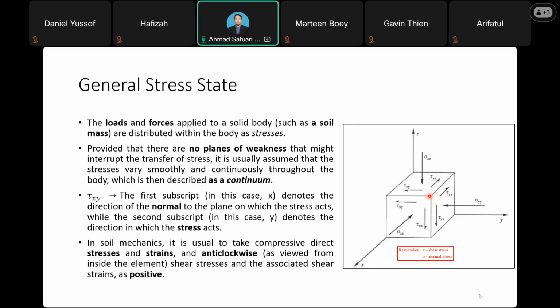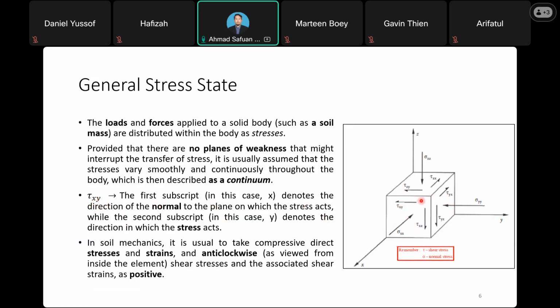They call it a continuum. First we look at the shear stress, called tau. We have x and y. What does it mean with x and y? For example, where is tau x?